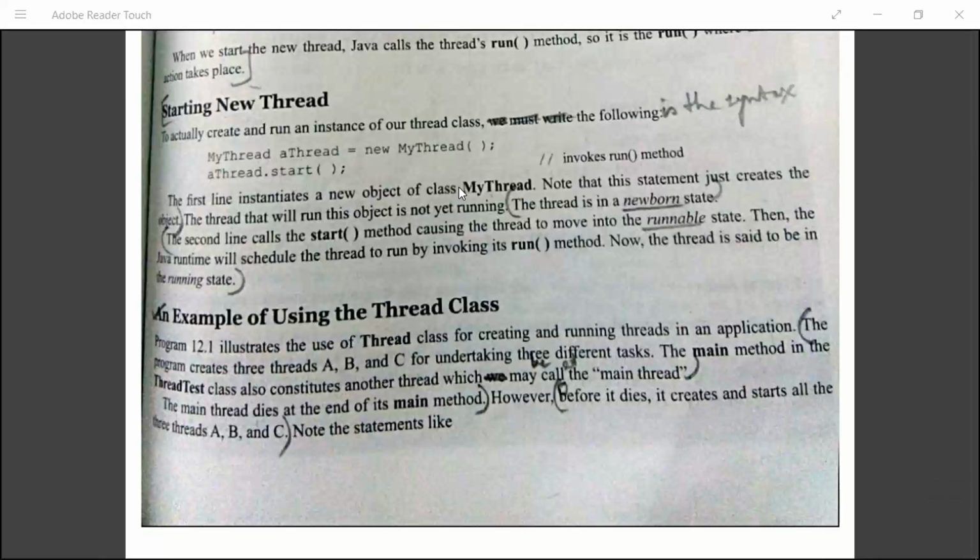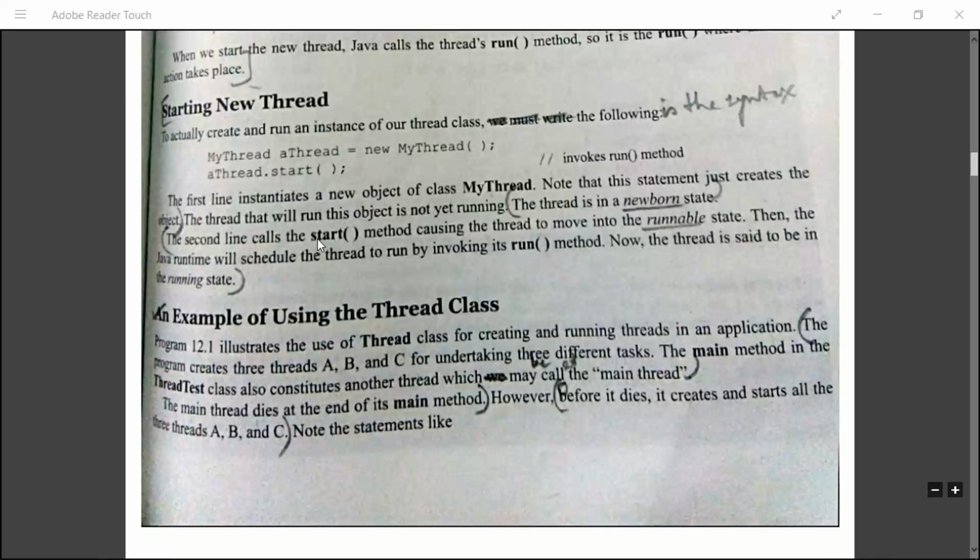You didn't start it, right? So you have just bought it, you have purchased it. So this statement is like just creating an object. In such a state, the thread is said to be in newborn state. Newly born state, newborn state.